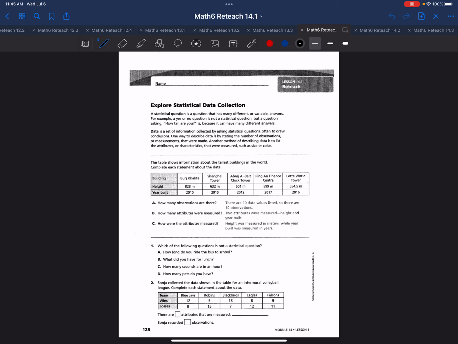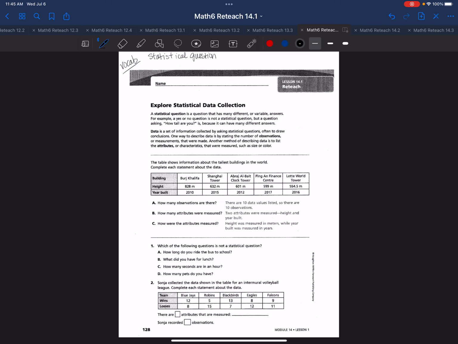Let's review some vocabulary for today. Please make sure you're writing this in a math spiral notebook. It will really help you in grasping the concepts and understanding them at a deeper level.